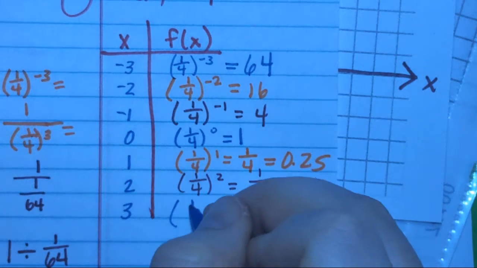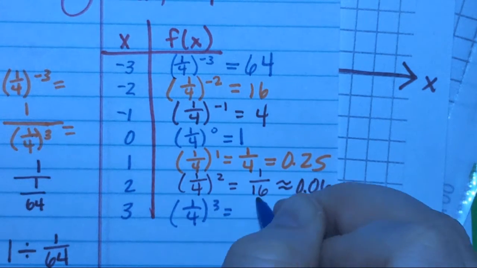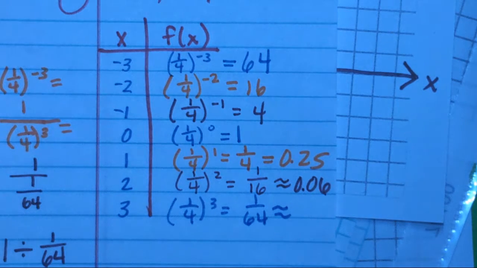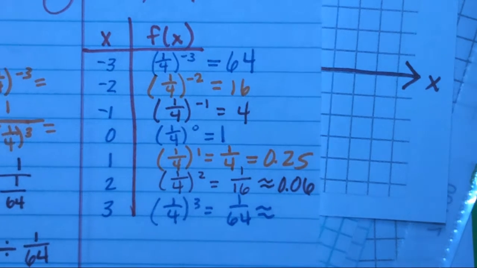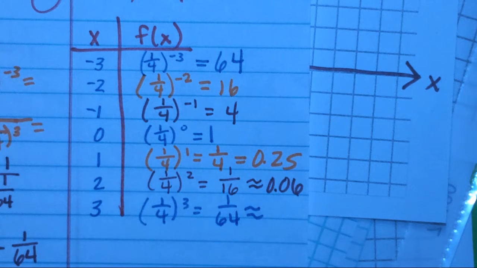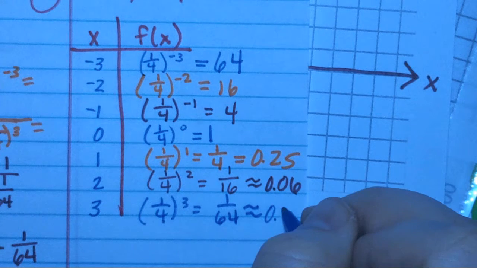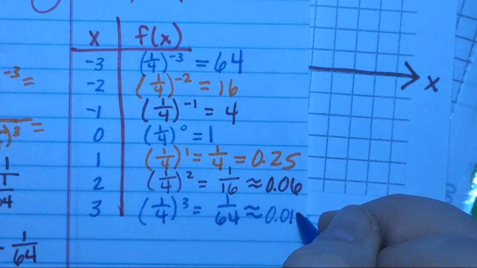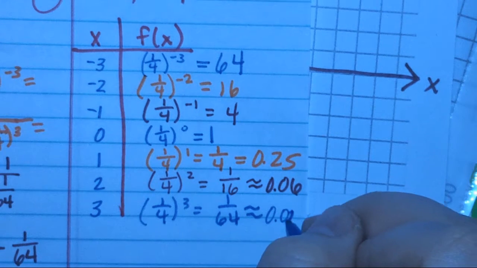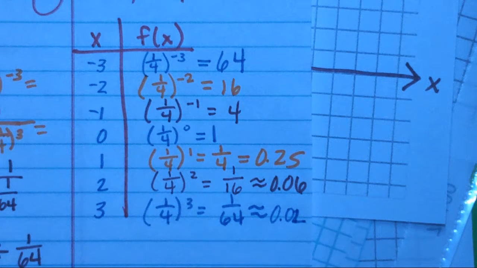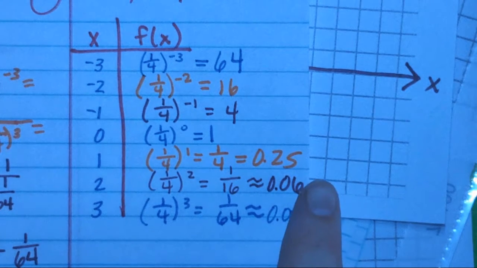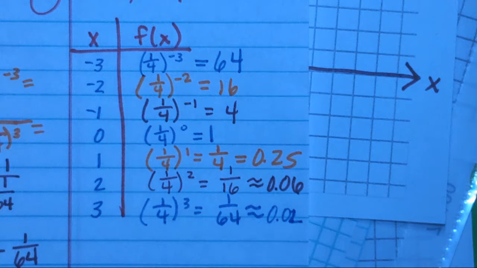And then 1/4 to the 3rd is 1 over 64, which is some other decimal that must be super duper tiny. That is for sure. It's 0.0156, 0.02. Let's face it, when I start getting 0.06, 0.02, I'm just trying to get as close to 0 as I can without actually touching it.